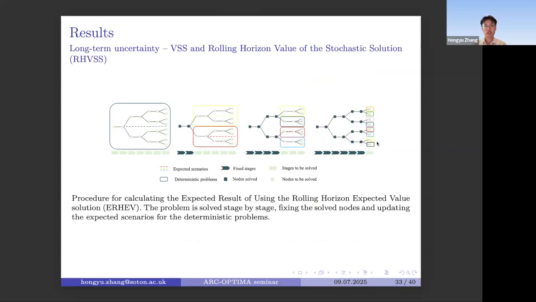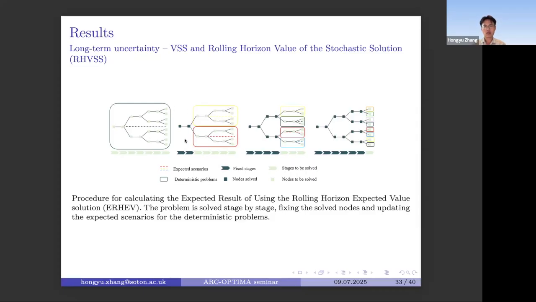I also present some results regarding the value of stochastic solution in terms of the long-term uncertainty. For that, we did the traditional VSS calculation, and we also took the rolling horizon value of the stochastic solution, which is proposed by a paper from, I believe, Francesca Maggioni.